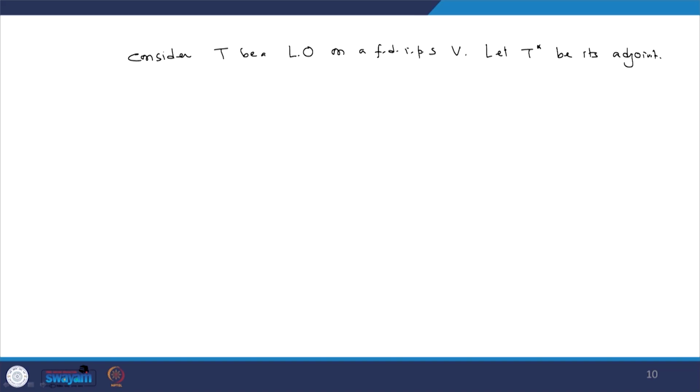So, one can write T equal to (T plus T star) by 2 plus i times (1 by 2i) times (T minus T star). So, this implies that it is something like U1 plus i times U2.